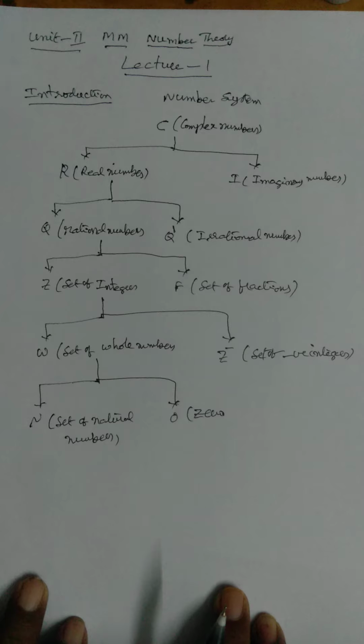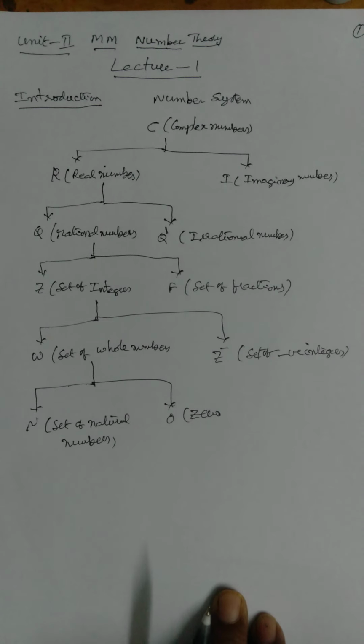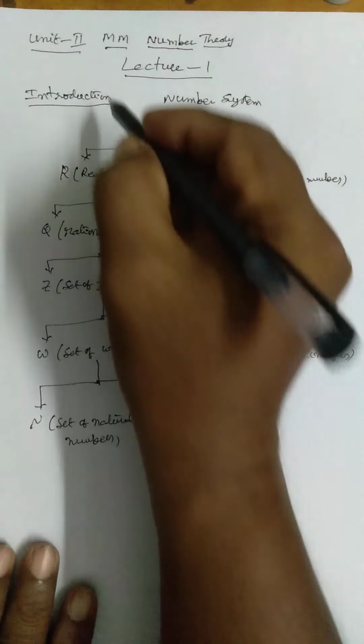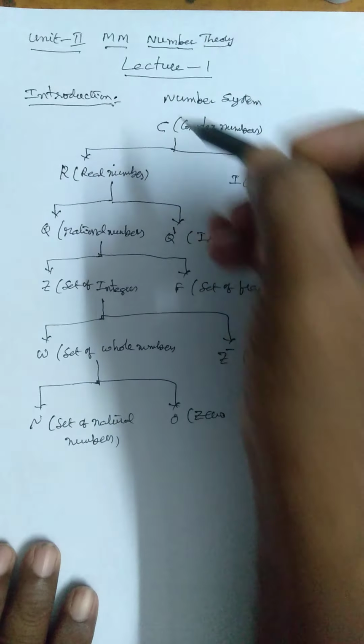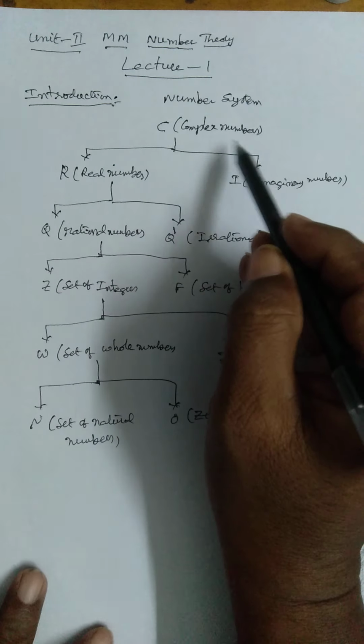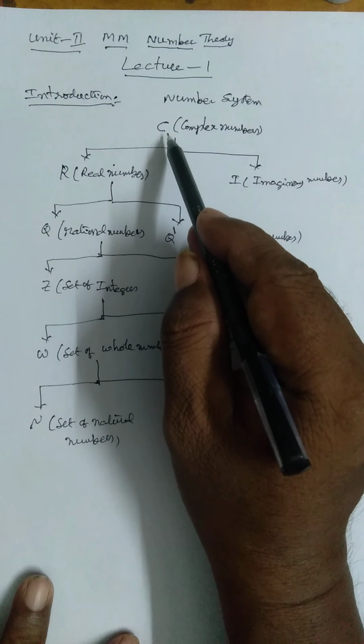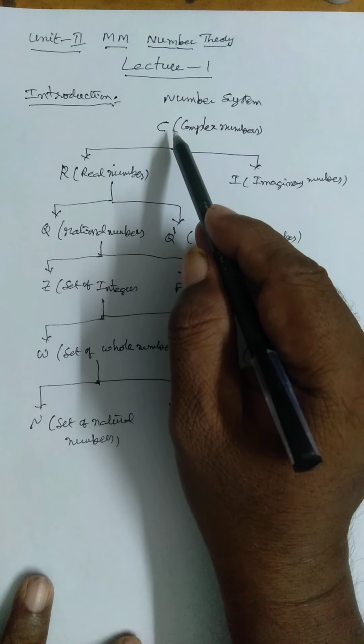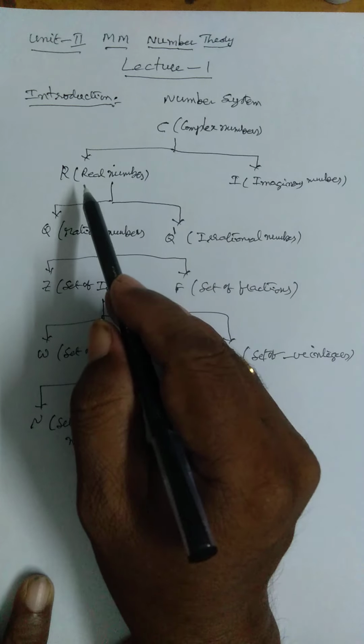This is Unit 2, Number Theory, Lecture 1. Introduction, Number System. So, first main number system is complex numbers, set of complex numbers denoted by C. It is divided into two parts.